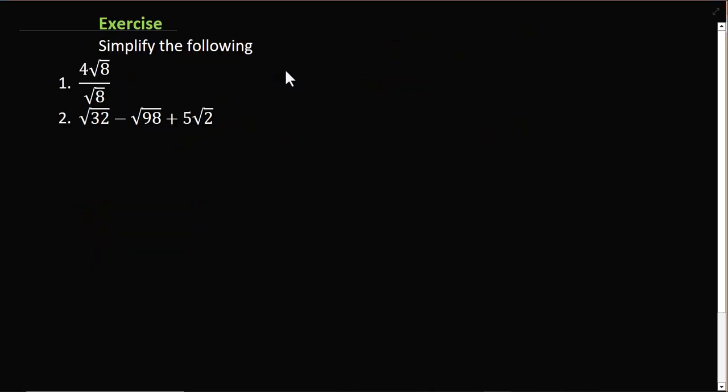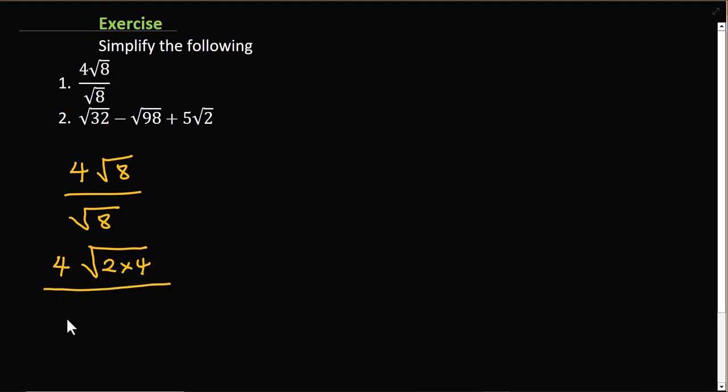We have some tasks to solve. Let's do that together. So for the first one, we have 4 surd 8 over surd 8. From this very point, we need to simplify surd 8. So for the numerator, the one above, we can have 4, then breaking 8 down: 2 times 4 is 8, right?